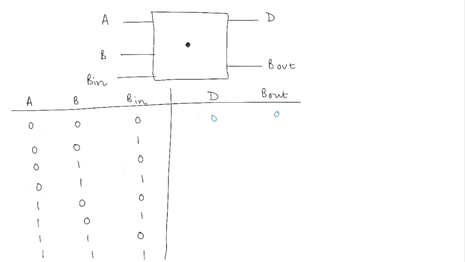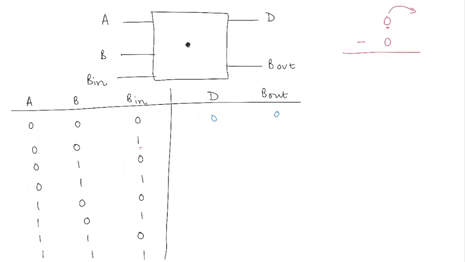In this case, you're doing 0 take away 0. Okay, so let me write it here. So you're doing 0 take away 0, but there is a borrow in, which means that something has been borrowed from this one before, right? So this is not 0, but something has been already borrowed from here.